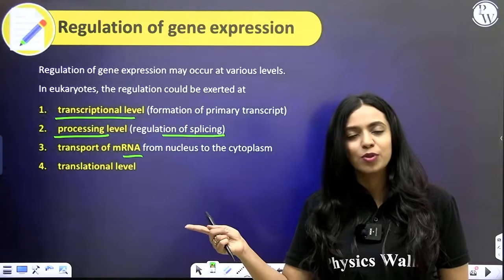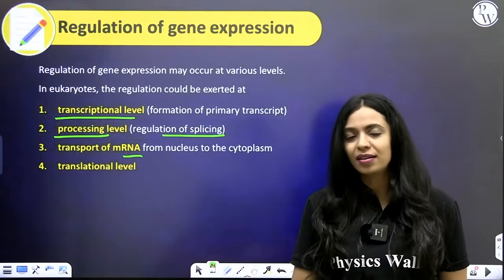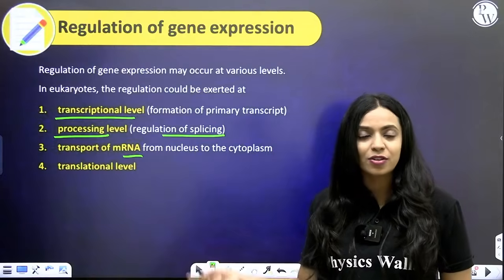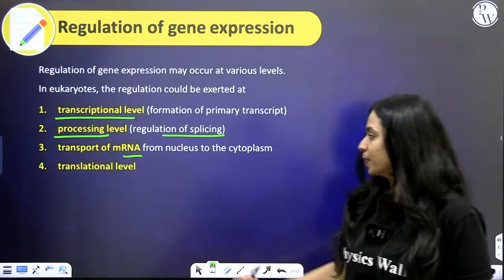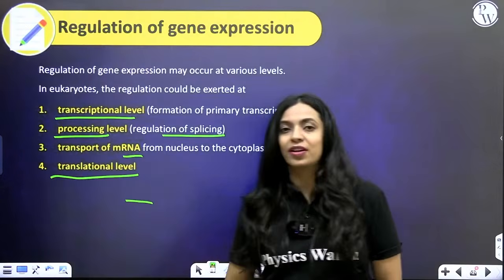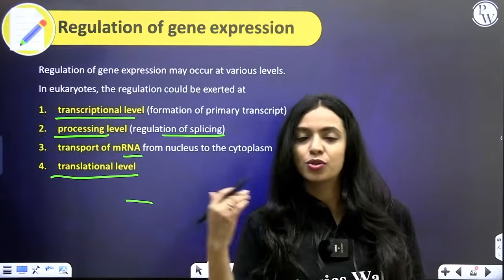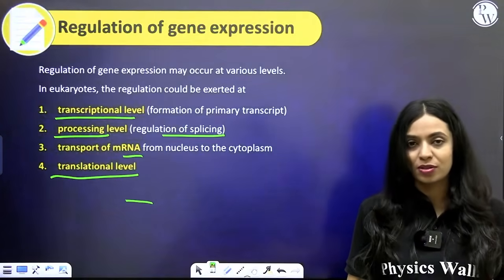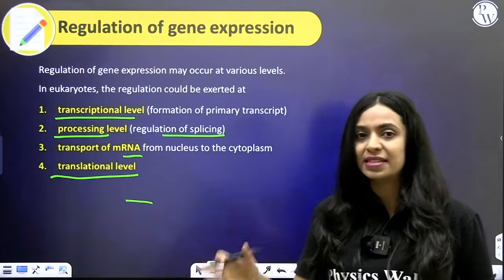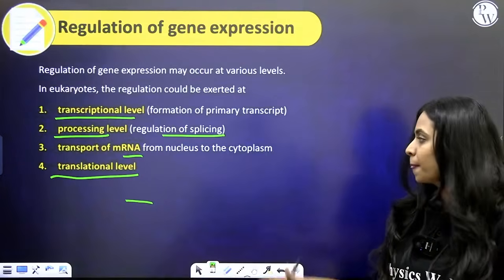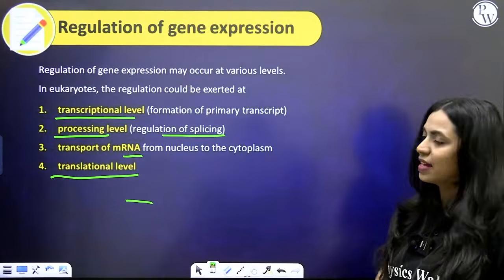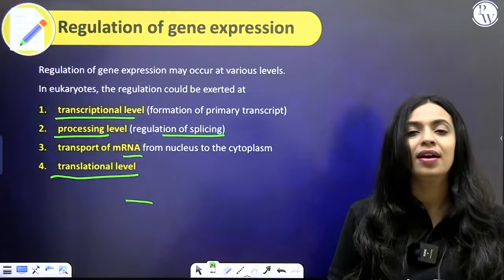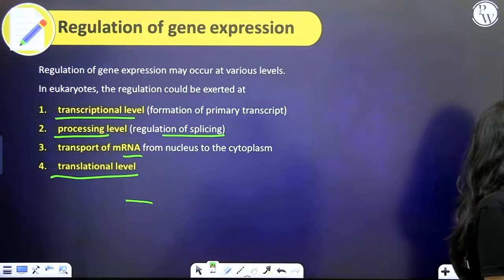Unless it goes to the ribosome in the cytoplasm or on the ER, it will not get translated. So that way also you can stop. At the level of translation, it has migrated from the nucleus to the cytoplasm, gone to the ribosome also, but over there translation is delayed, it is halted. That also can happen. At various levels in eukaryotes, you can see how the gene expression is regulated.